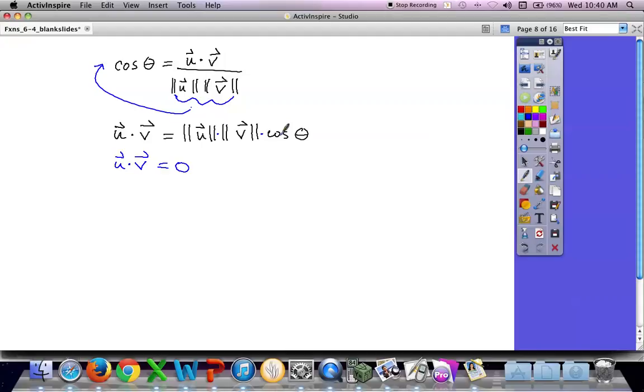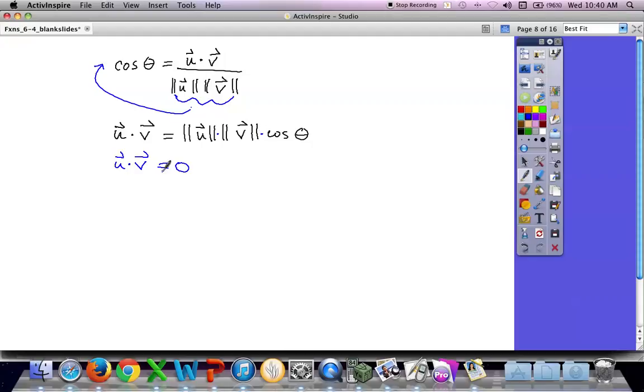Right? Is it possible for a non-zero vector to have a magnitude of 0? No, it can't. So there's no way that you're going to get a product of 0 because one of these two is 0. If this product is 0, it's because the cosine of theta equals 0. Right?